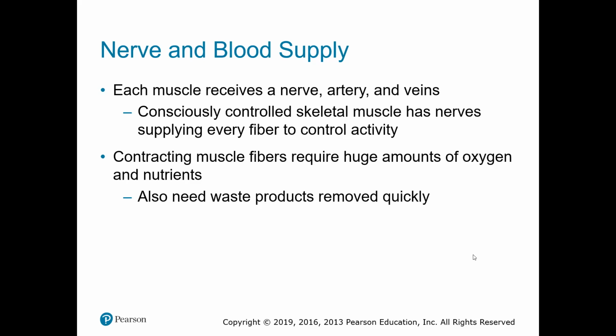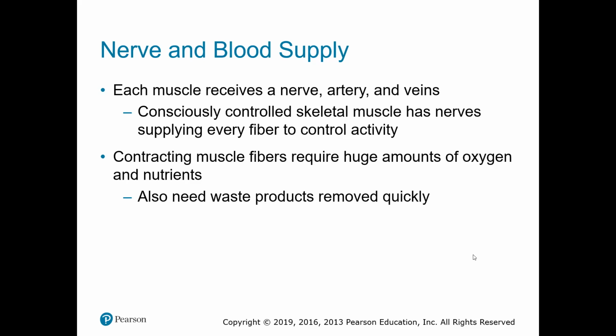Now, when a muscle cell is stimulated, it will contract to its fullest extent, meaning that there's no sort of partial contraction of a muscle cell. It either contracts fully or it doesn't. When a muscle cell receives a nerve impulse, it will contract as powerfully as it can, a full contraction.